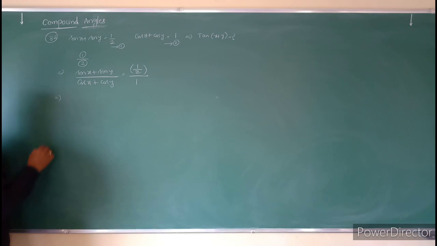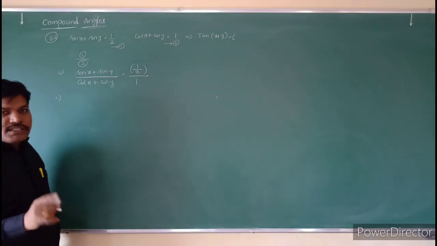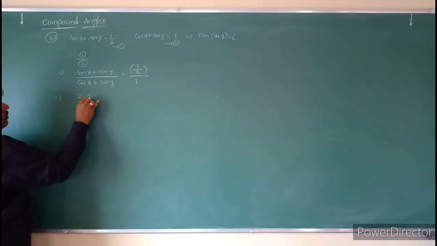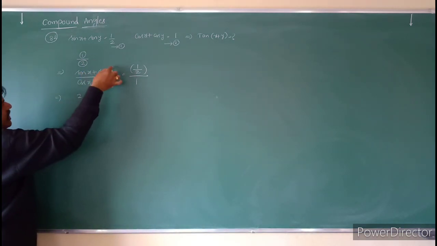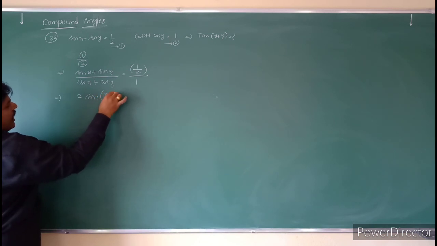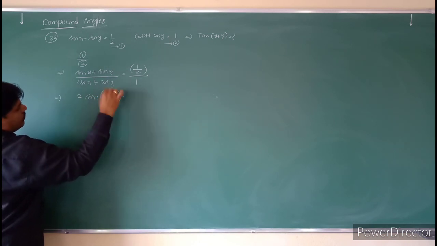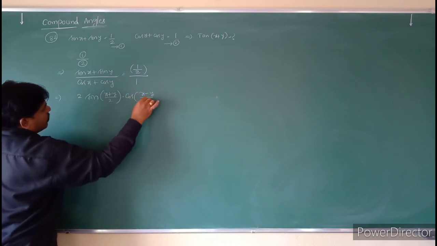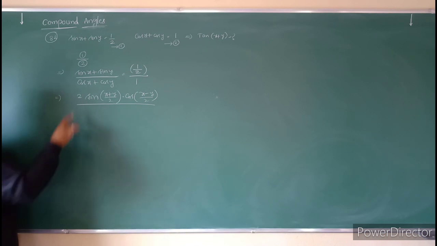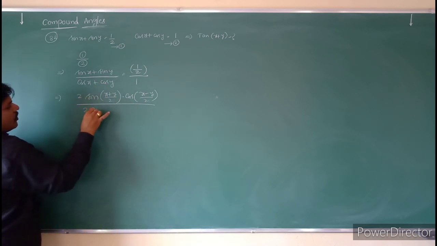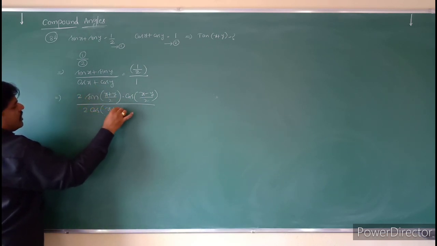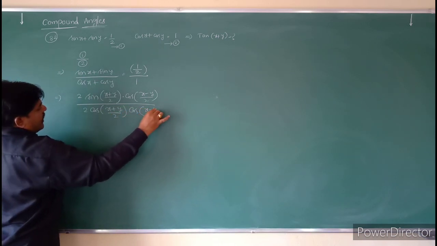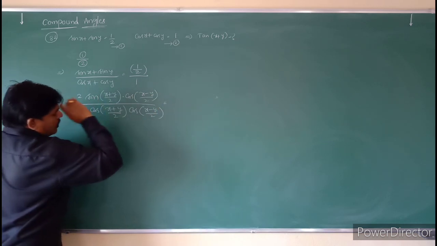So already I know the sin C plus sin D formula: 2 into sin of C plus D by 2 into cos of C minus D by 2. So that is 2 sin of x plus y by 2 into cos of x minus y by 2. And the cos x plus cos y formula is 2 into cos of x plus y by 2 into cos of x minus y by 2. So that is equal to 1 by 2.